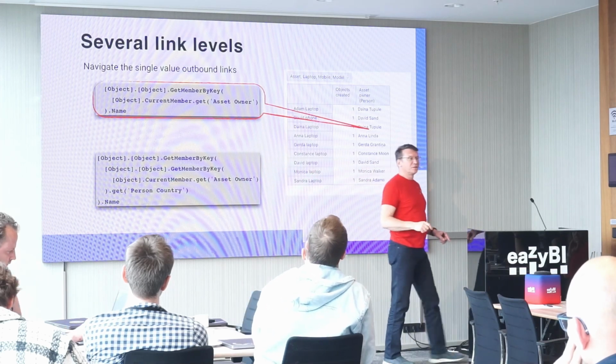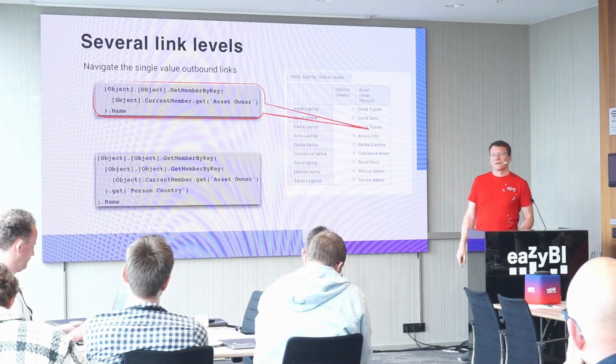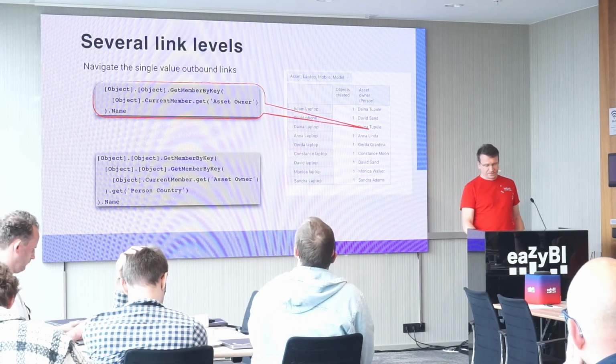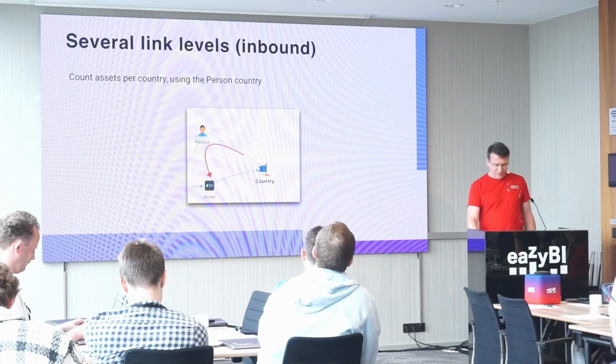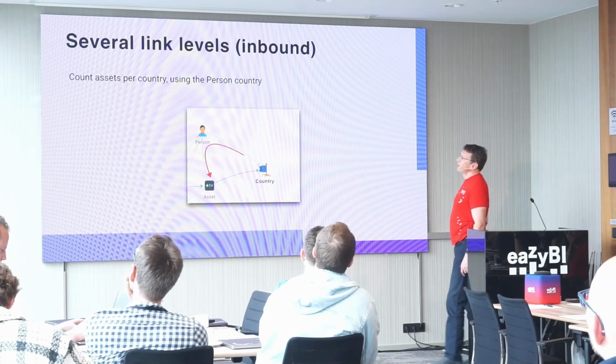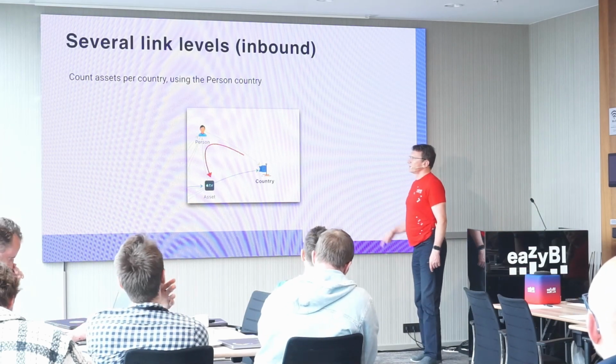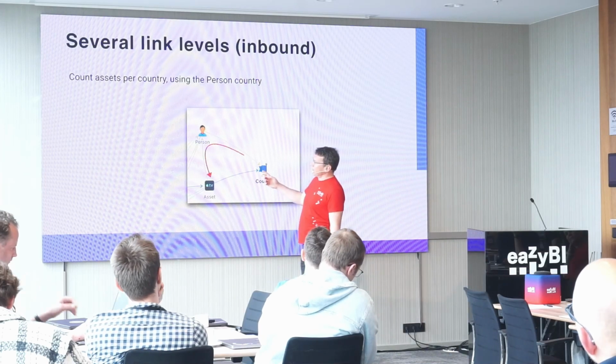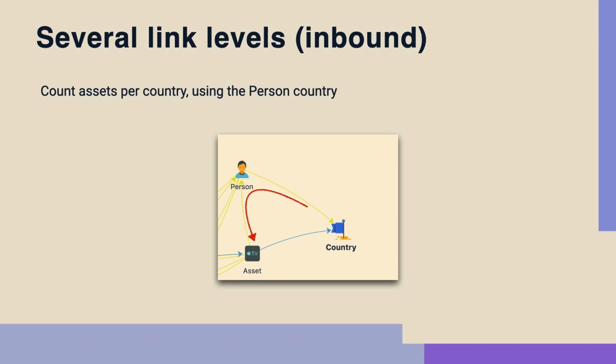There can be multiple values. That will give another level of complexity to this solution. And finally, this case will illustrate that we would like to know also something in reverse links.